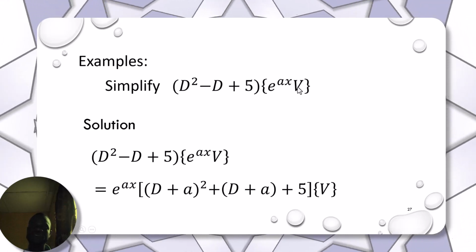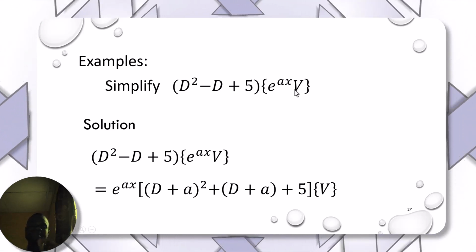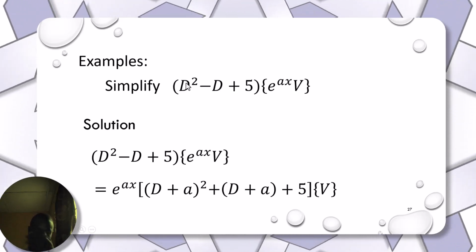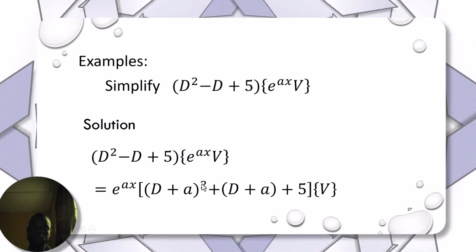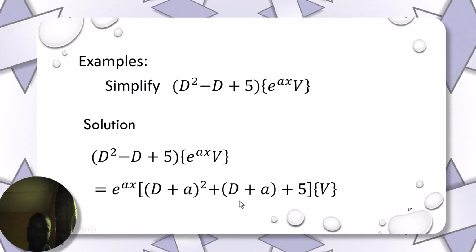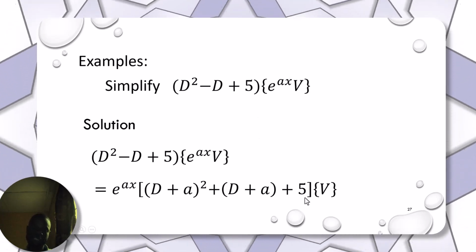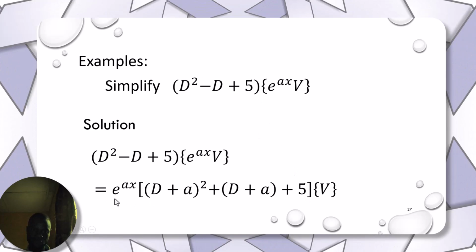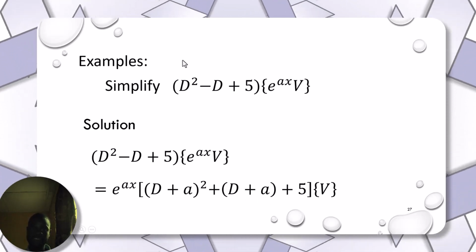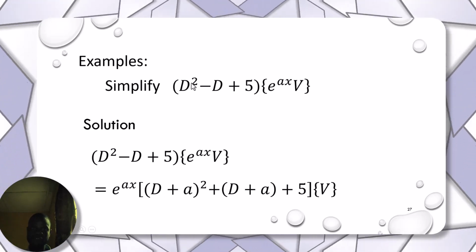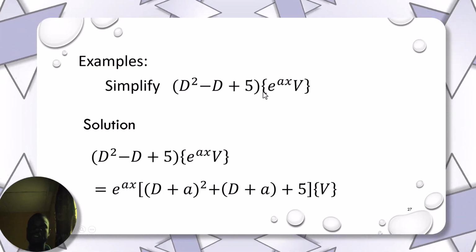And we said whenever you have anything like that, replace your D with D plus a. So for this I should have D plus a, then squared, plus, for this I will have D plus a. For this there is no D, so there is nothing to replace there. So this will now be the function. So I will have D plus a, squared, then minus D, that is D plus a, just like that.